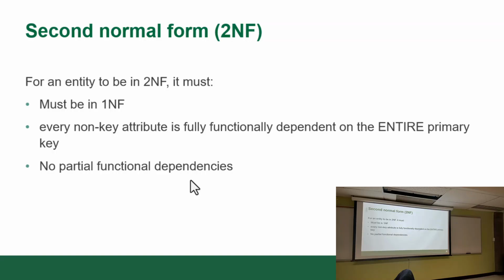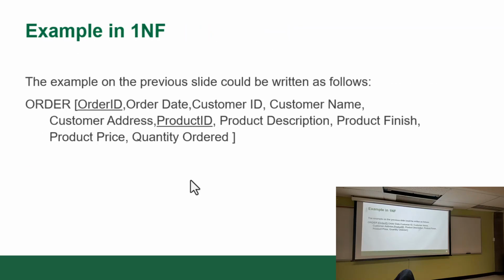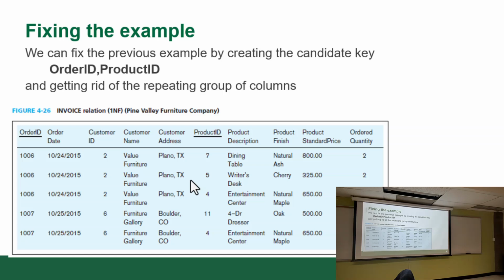When we go back to this table, right here, we look at the dependencies. Order date is fully dependent on the order ID. Cool beans. Customer ID, dependent on the order ID. Customer name and address, also dependent on the order ID for now.